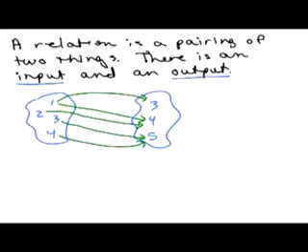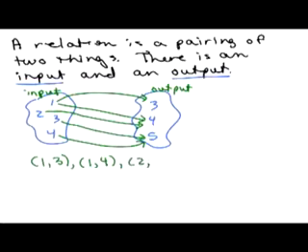Now, what it's saying is the input is over here on the left and the output is over here on the right. Now, if I was going to write that as a set of ordered pairs, notice if I put in a 1, I get a 3. Also, if I put in a 1, I get a 4, right? Okay, so those take care of those two lines. And then I've got 2 also going to 4.